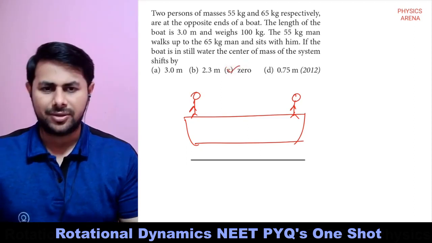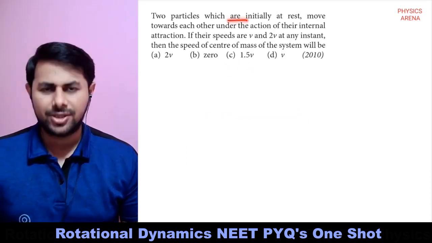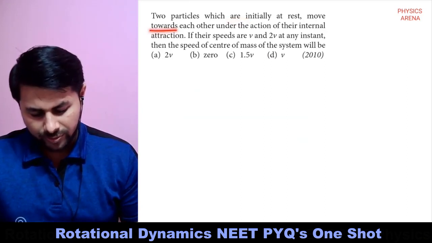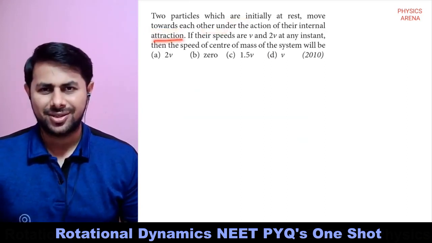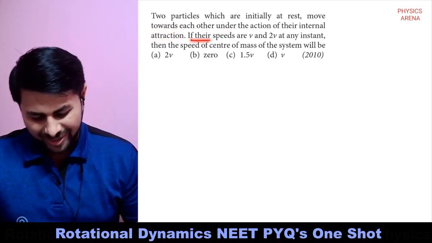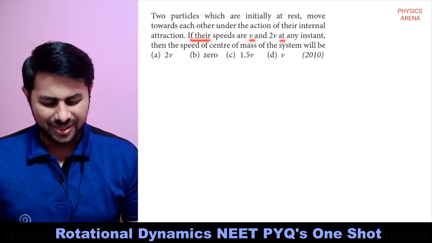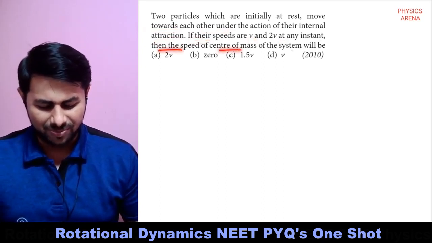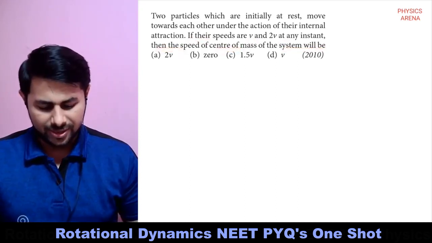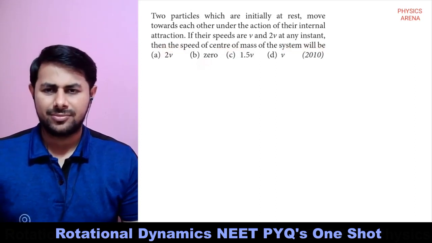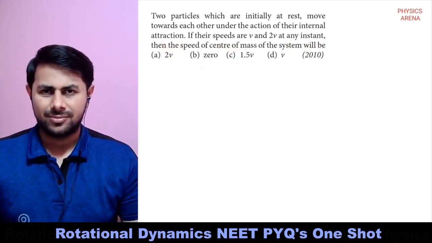Very good, Ravindran. Two particles which are initially at rest move towards each other under the action of their internal attraction. If their speeds are v and 2v at any instant, then the speed of center of mass of the system will be. Again, the answer must be 0, right?